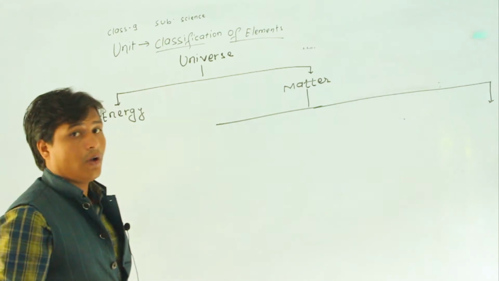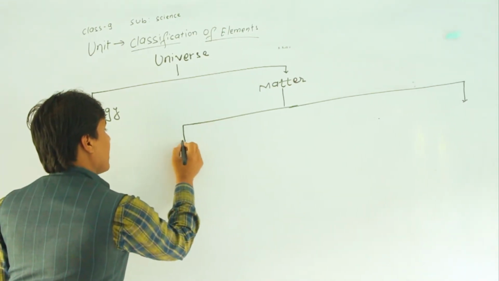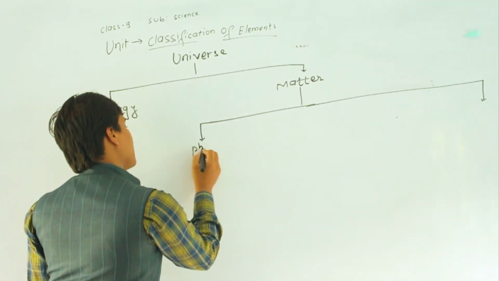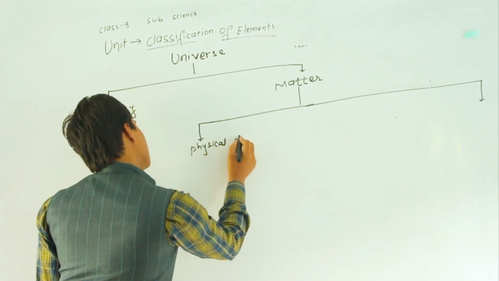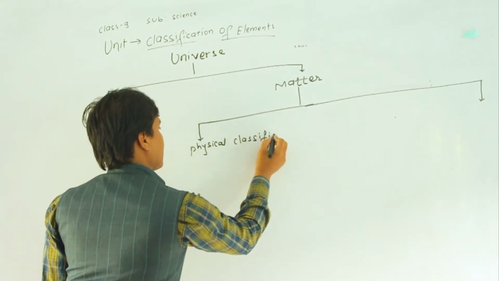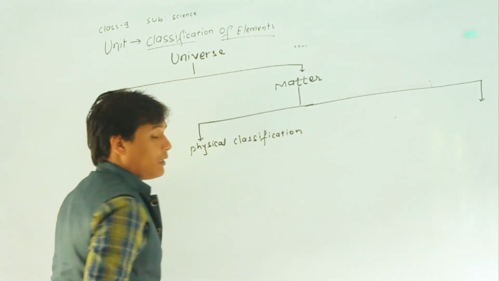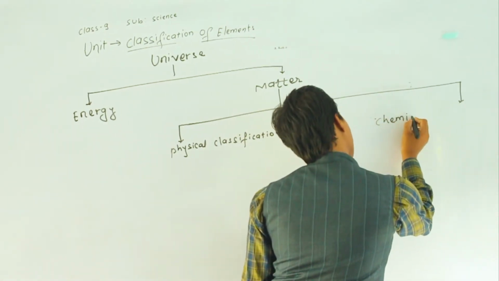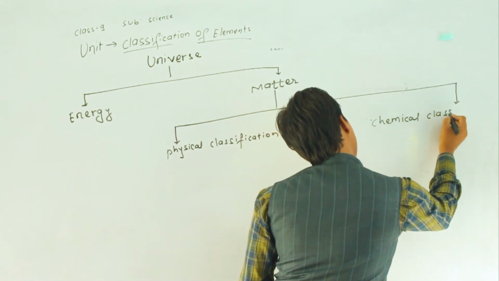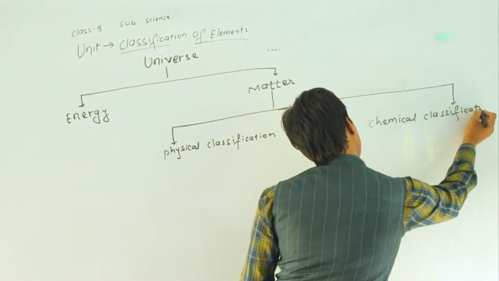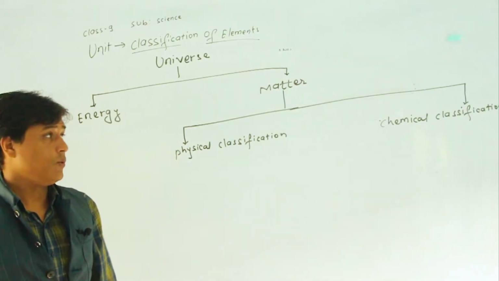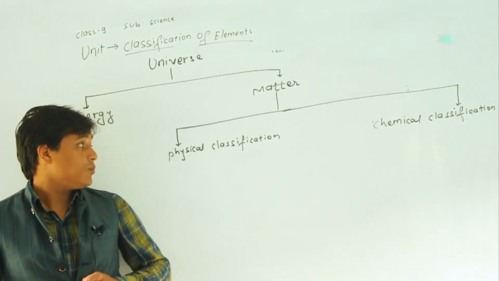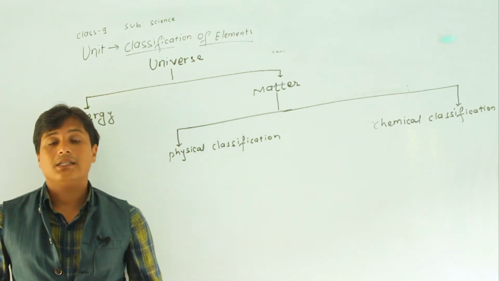Matter can be classified into physical classification and chemical classification, that is, on two bases, the physical basis and the chemical basis.